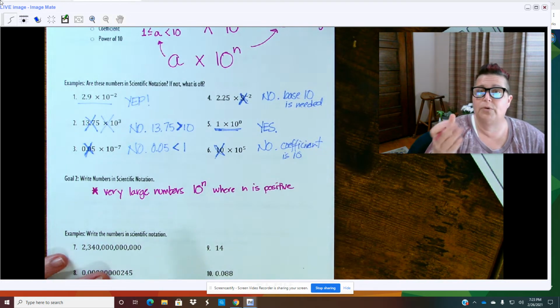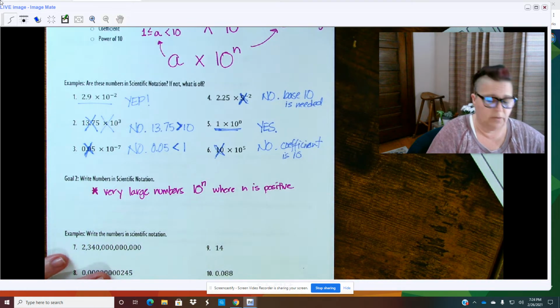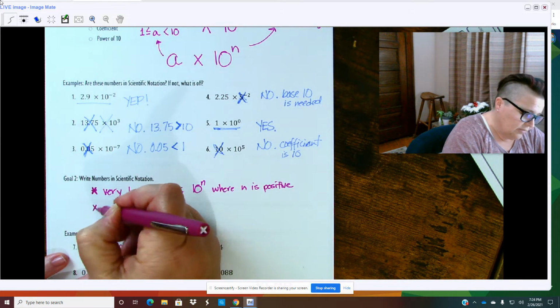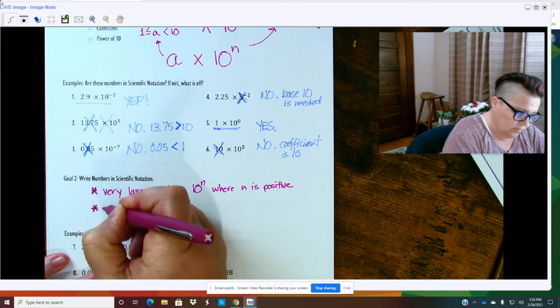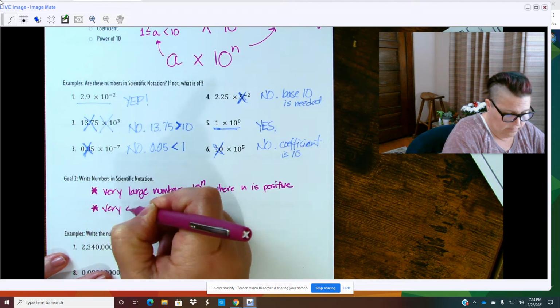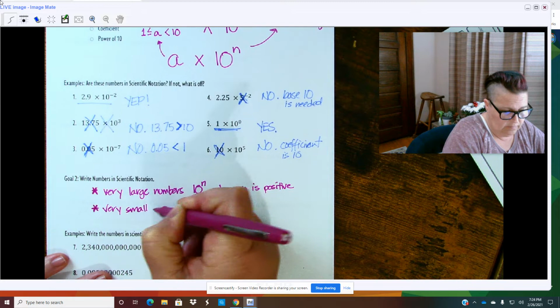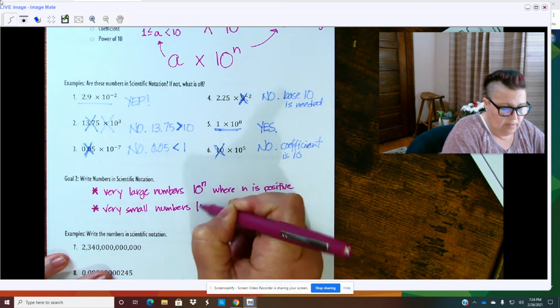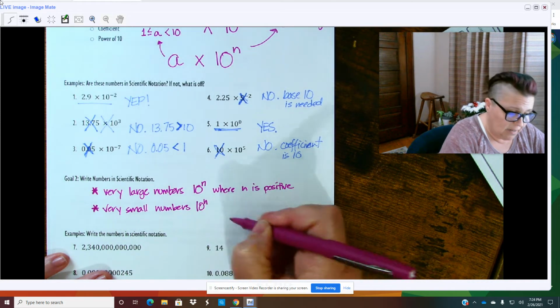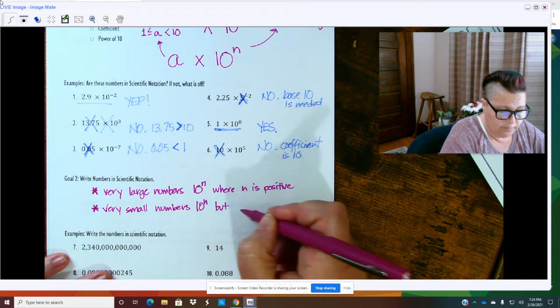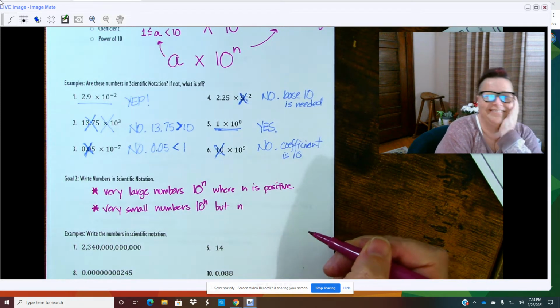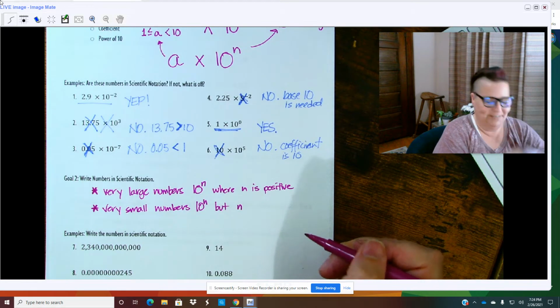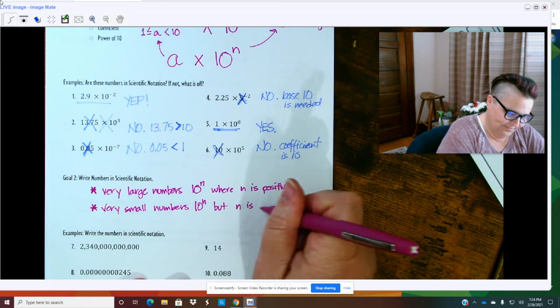So when the exponent on the power of 10 is a positive number, then we're talking about very large numbers. And if a number is very small, then we still have a times 10 to the n, but n is negative. Okay.